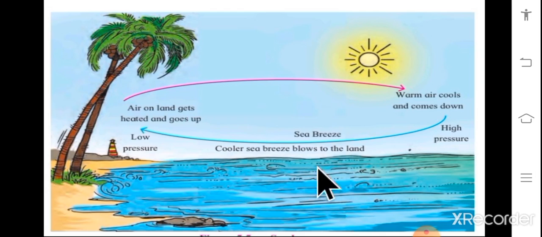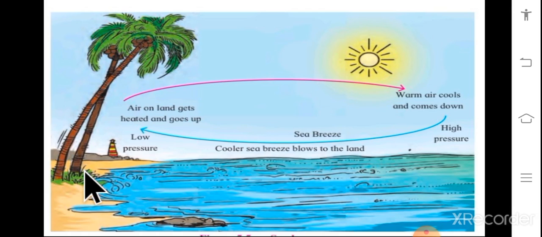Comparatively, if we see the sea portion, the density of water is comparatively less. As the density of water is comparatively less, and water is transparent also and it is unstable, moving, the water does not get heated quickly.